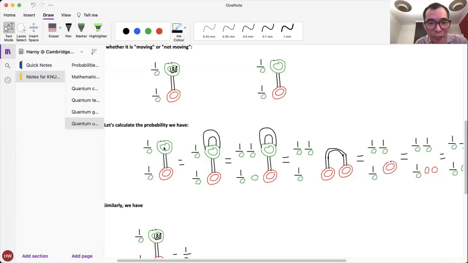So if you unfuse this green spider, you can get this. You can have these two quantum caps, right? You have this. But why do we want to do the unfusion?